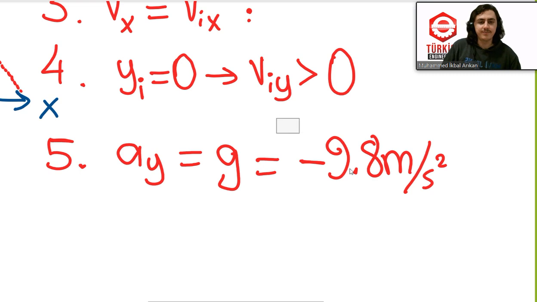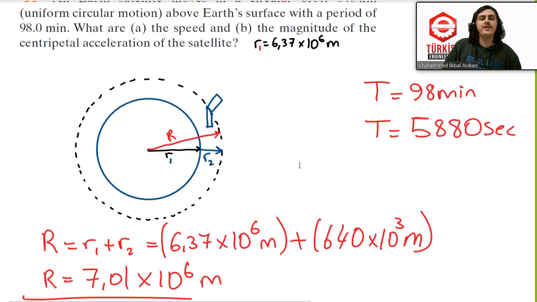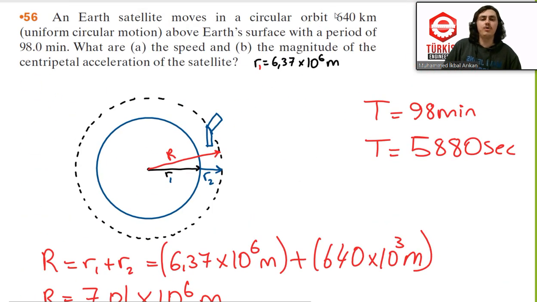So as you see, here I have 9.8 of acceleration, but in this case I have just 8. That means when I go up 640 kilometers vertically, my acceleration will decrease until it is just 8 meters per second squared.